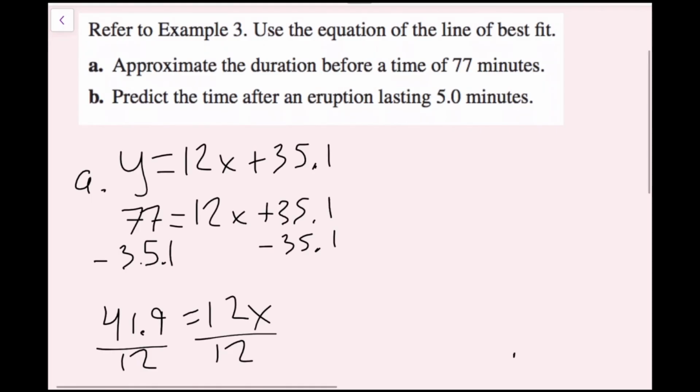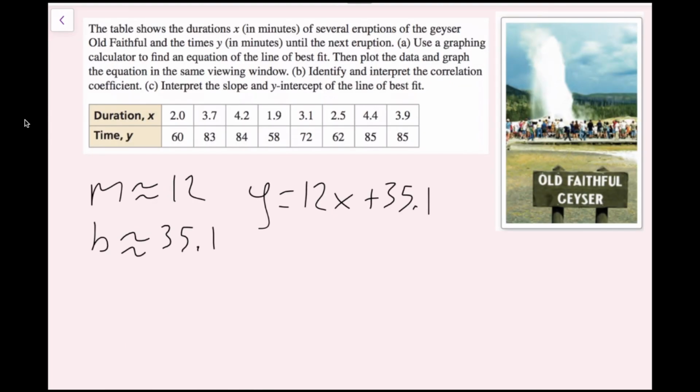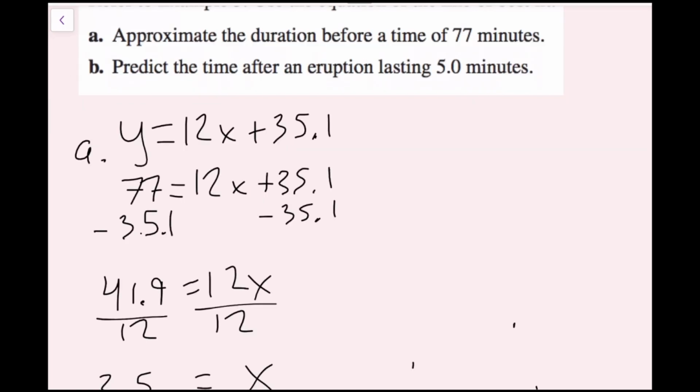Part B, predict the time after an eruption lasting 5 minutes. I'm going to go back and look at our table. We see that our time durations are in between 1.9 minutes and 4.4 minutes. So 5 would be outside of this data range. That would be an example of extrapolation. I'm going to do the same type of thing, but this time the eruption time is the x value, and we want to predict our y value.